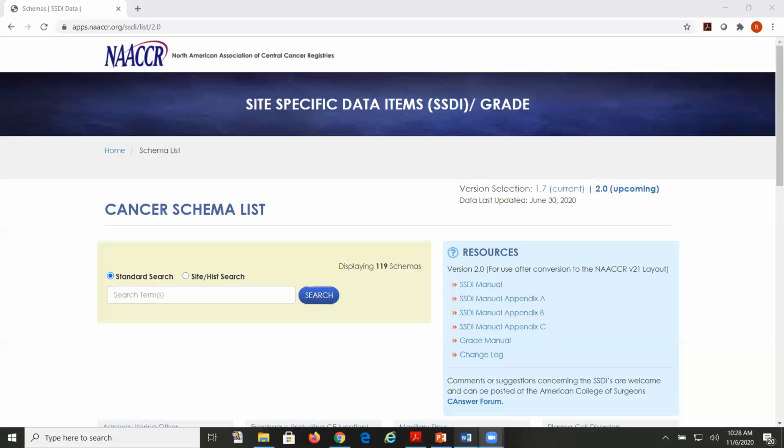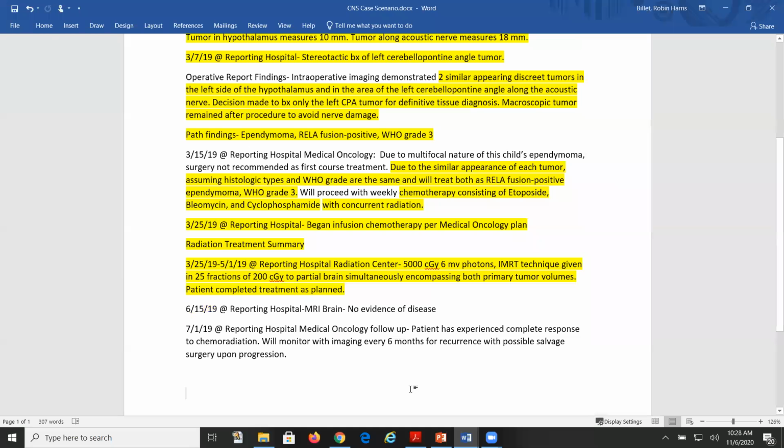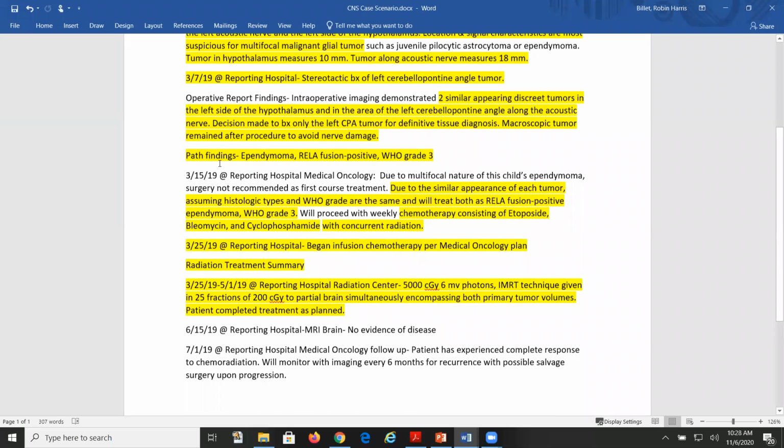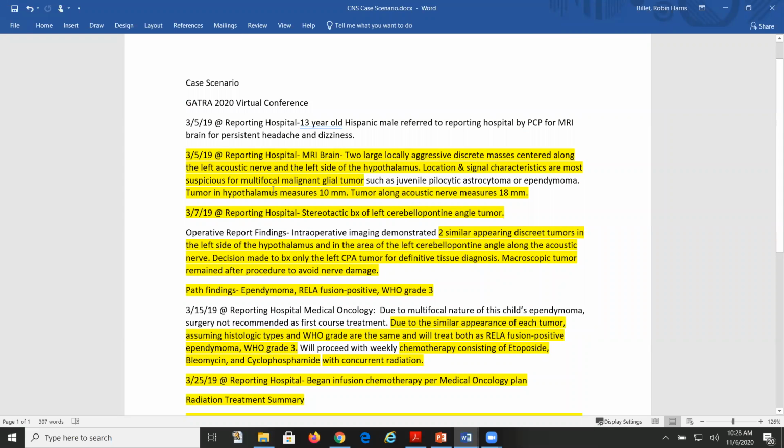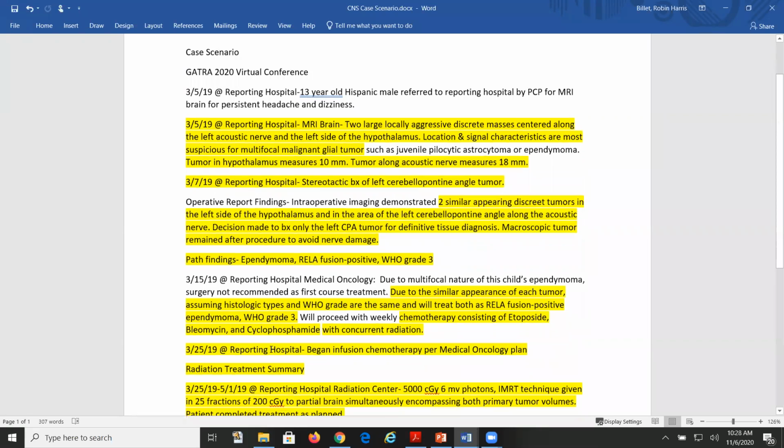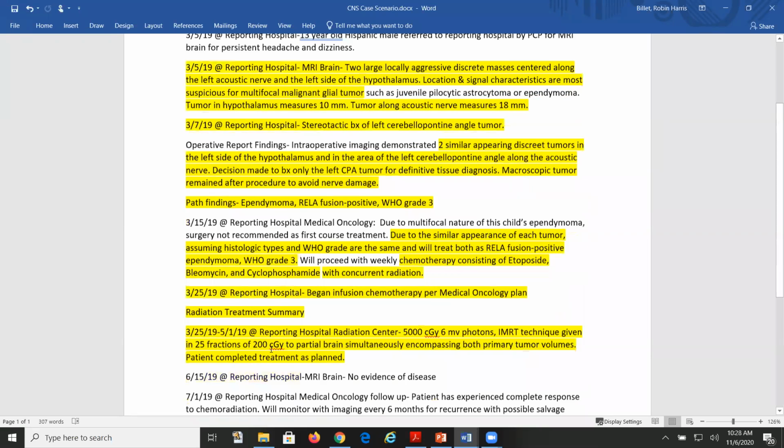We can pull up the case and see that, but I'm not in screen share. Let me get back to share. Okay, here's the case. The MRI says it's centered along the left acoustic nerve, and then the op report says in the area of the left cerebellopontine angle along the acoustic nerve. So I went with acoustic nerve.